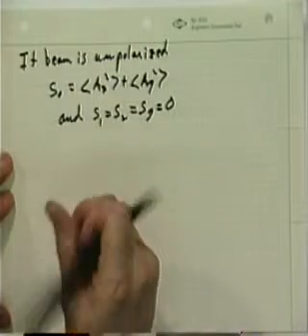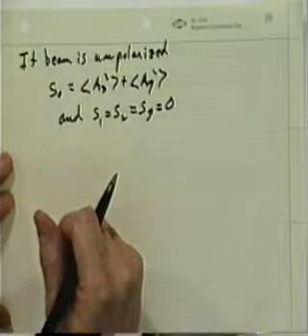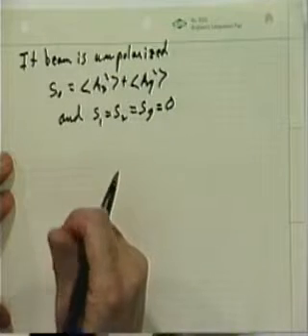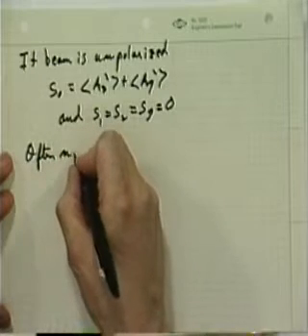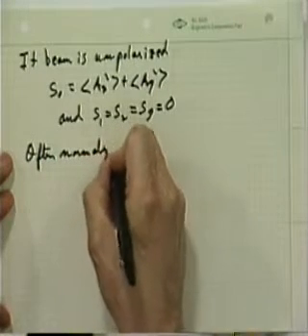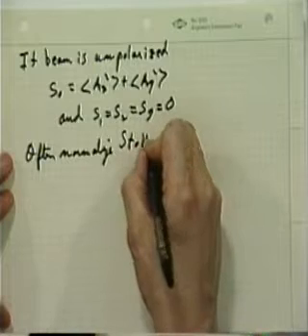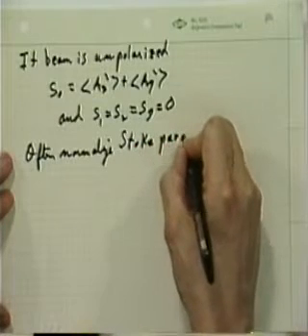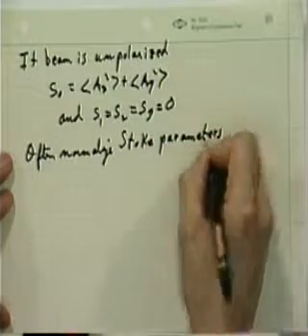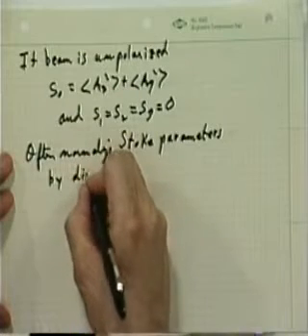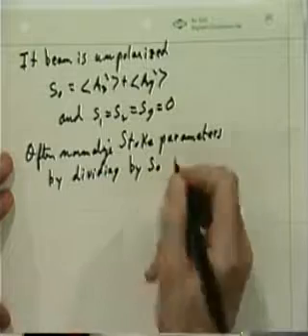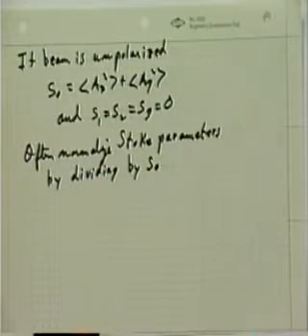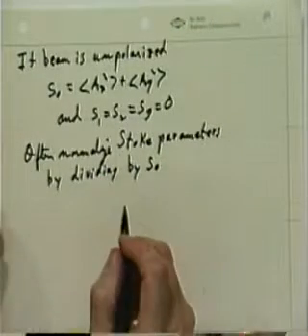Now often we will normalize the Stokes parameters by dividing through by S naught. S naught is just the total amount of energy, so it's nice to normalize that out.